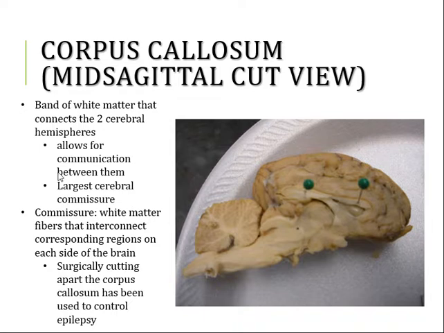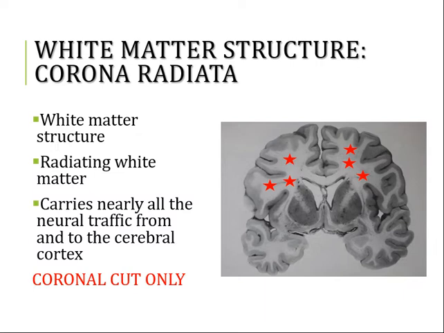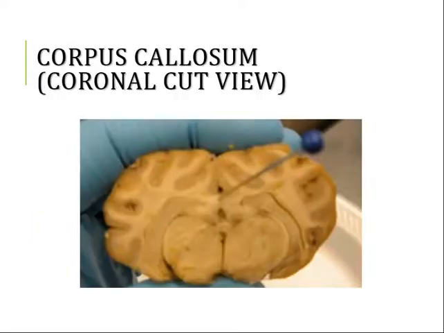Anyway, let's move on to our first white matter structure, the corona radiata. This is just radiating white matter. If we're referencing my metaphor from earlier, in the coronal view for the corpus callosum, you see the horns instead of the area right in the center where the corpus callosum is, kind of like the radiating horns.